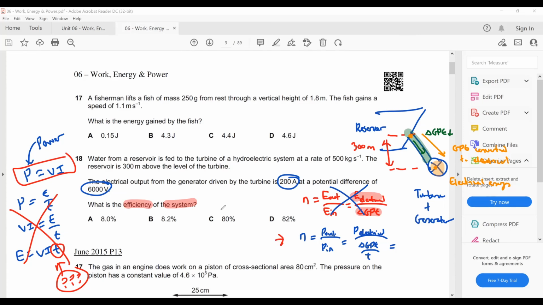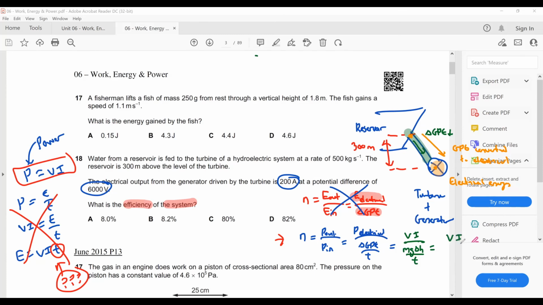In terms of power, where it is energy per unit time, this one would be VI. This one will be mg delta H divided by T. Now M divided by T is something that you actually have also. Let me just rewrite this properly for you.